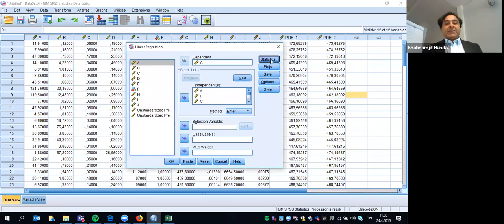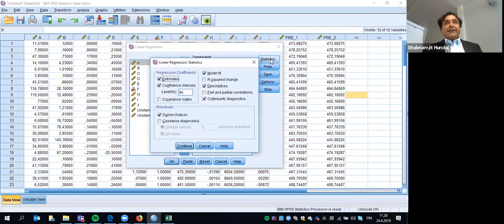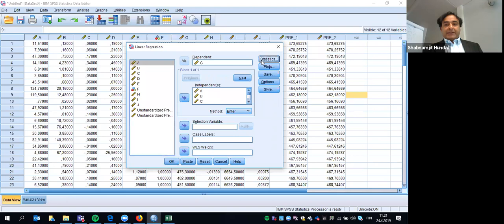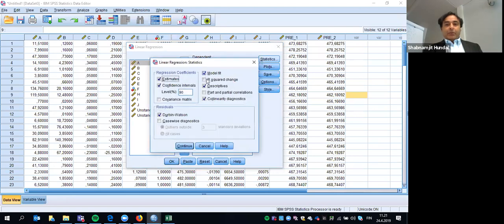And then you choose Statistics, Estimates, and confidence interval 90%. By default, it's 95, but make it 90. Durbin-Watson test, you choose and then click Continue. Sorry, something else is there. Yes, there is Model fit, Descriptives, and Collinearity diagnostics. This is what I was talking about, VIF and tolerance, collinearity. So this is what you need to pick up, yeah?